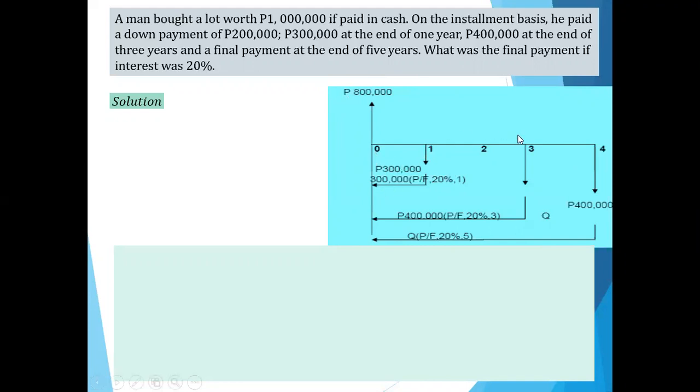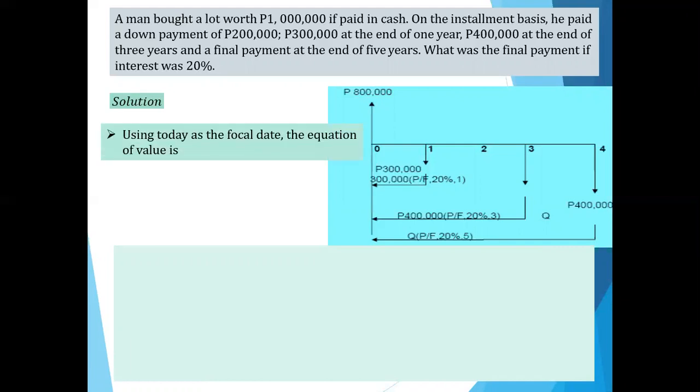And then at the end of 3 years, he will pay again the amount of 400,000 pesos, again with 20% interest. And the final payment at the end of 5 years with an interest of 20%.